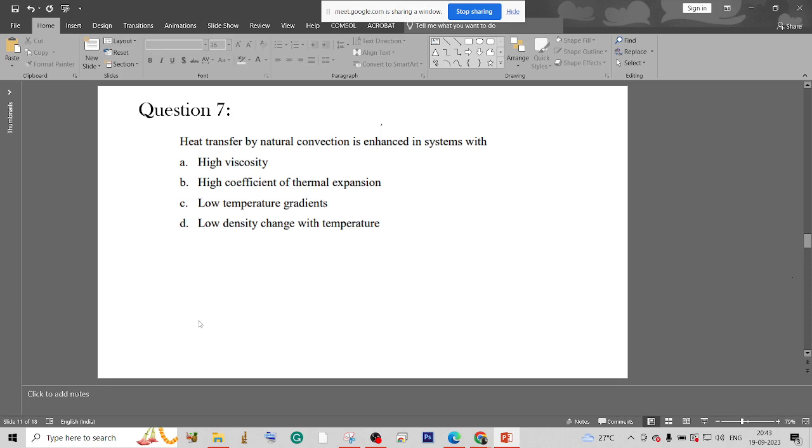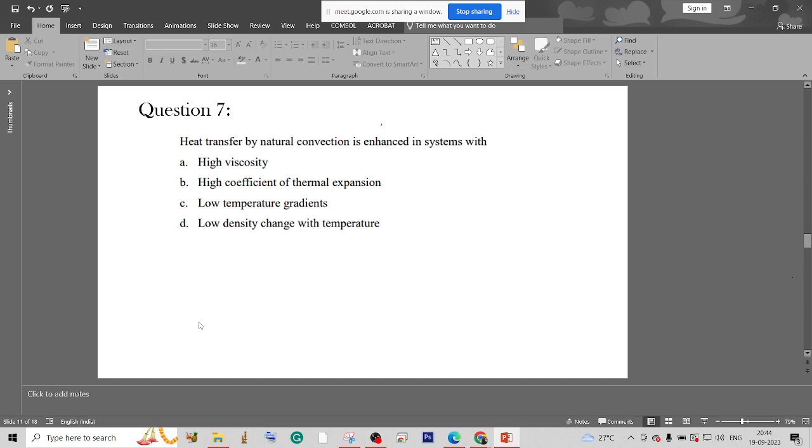So the coefficient of thermal expansion beta is 1 upon V del V by del T, right?